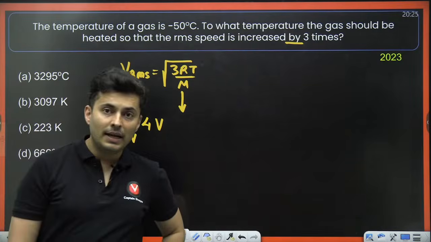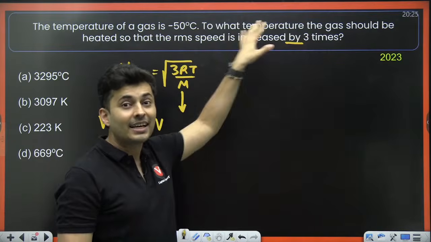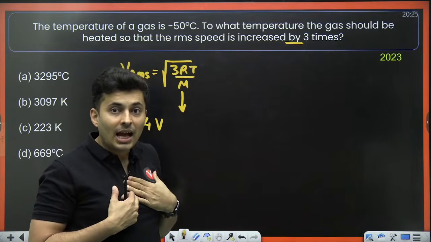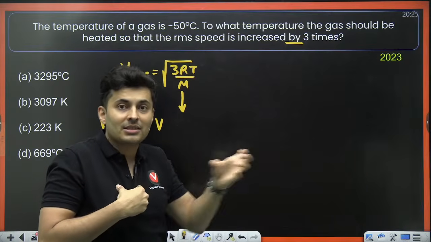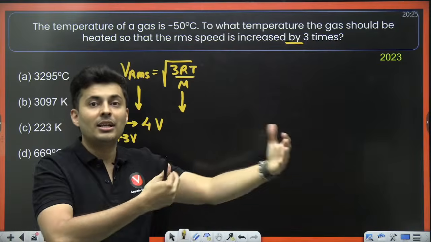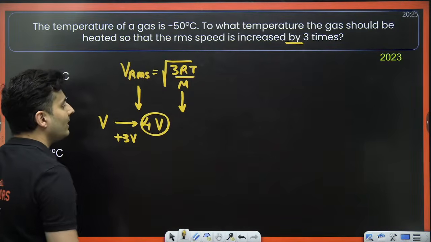Did you understand it, my dear warriors? It is not increased to, it is increased by. So if I have V speed, I have increased by 3 times. That means 3 times V plus that original will be my final value. So my final value will be 4V.